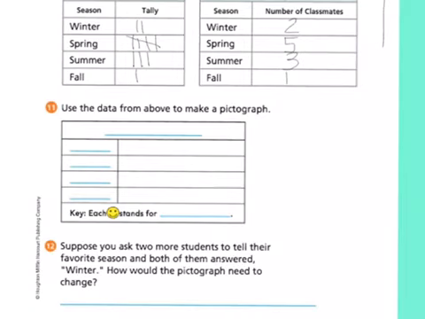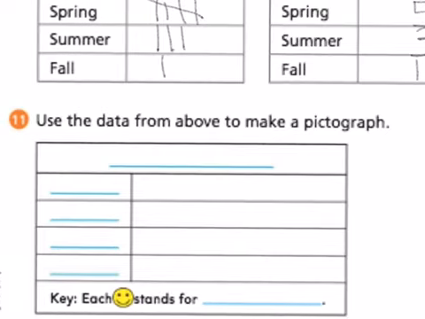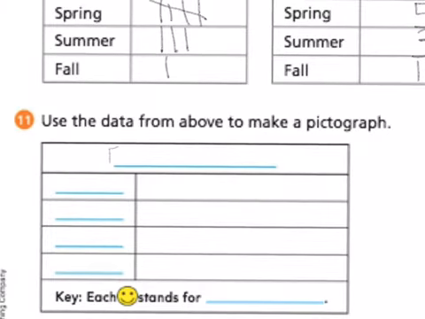So the title of our chart, I'm going to call it Favorite Season. So go ahead and fill that in. And the seasons, we want to keep the seasons in order so we don't mix things up.